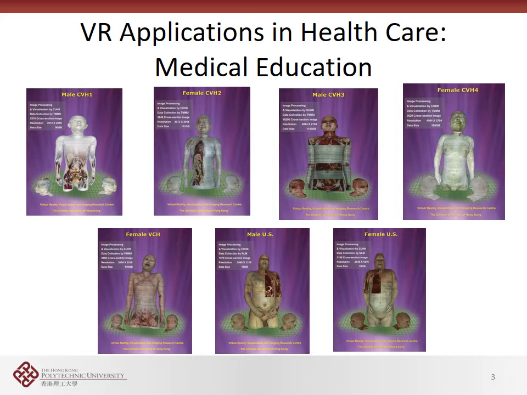Actually, as you know, I obtained my PhD degree from the Department of Computer Science and Engineering, the Chinese University of Hong Kong, CUHK. In my previous lab in CUHK, we developed a set of visualization and rendering algorithms and tools to visualize and render the visible human datasets, both the American visible human datasets and the Chinese visible human datasets.